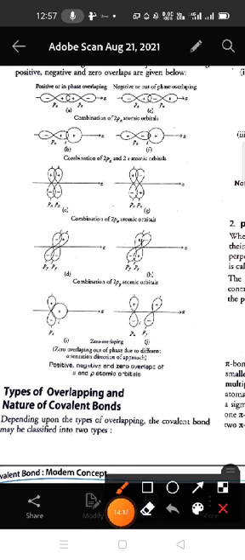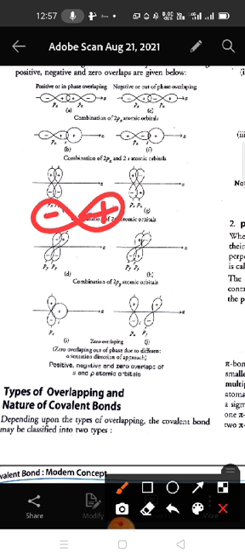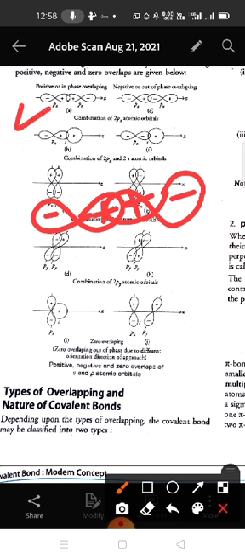when you draw these orbitals, it is just like that. So it is plus, it is minus, it is plus, it is minus. So if plus plus overlap together, then it is called positive or in-phase overlap. If positive and negative overlap together, then it is called negative or out-of-phase overlapping.